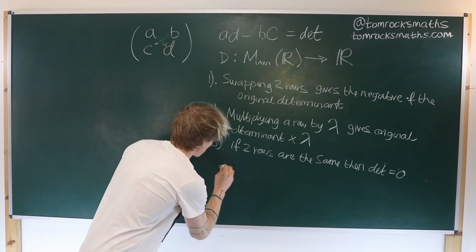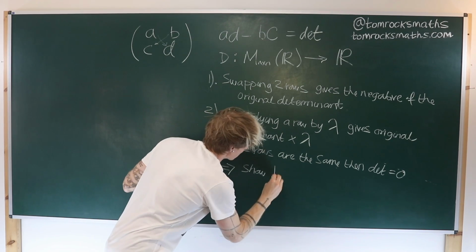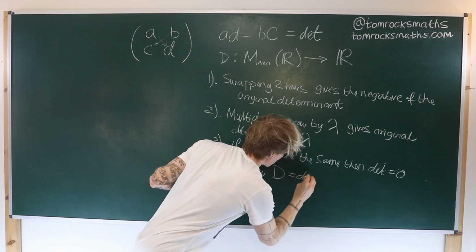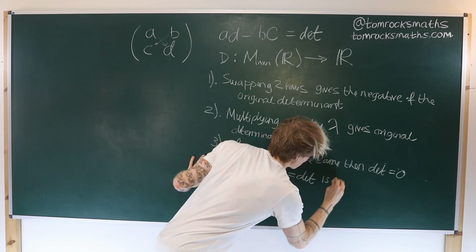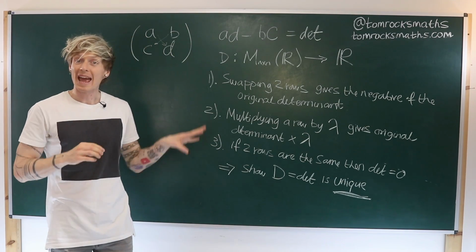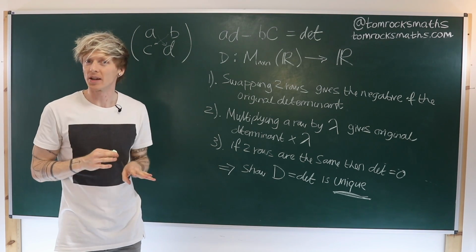So given these three properties, you can show that this function d, which is going to be the determinant function, is unique. Now where this is really helpful is as follows.